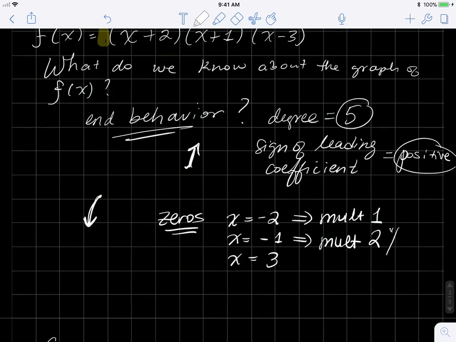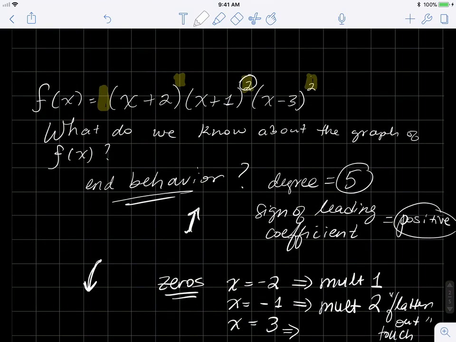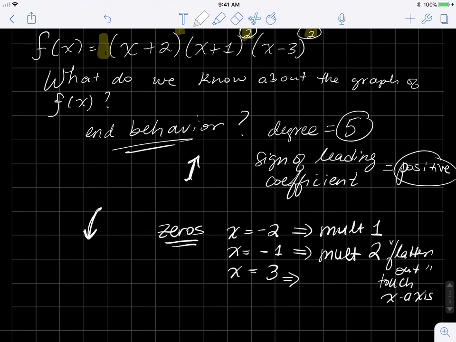So we're going to see a flattening out. And also we are going to touch the x-axis and then continue either upward or downward from there. At x equals 3, we see multiplicity 2. So we see the same thing here. And again, we're going to flatten out, and we're going to touch the x-axis. We're not going to cross it. And that's it.